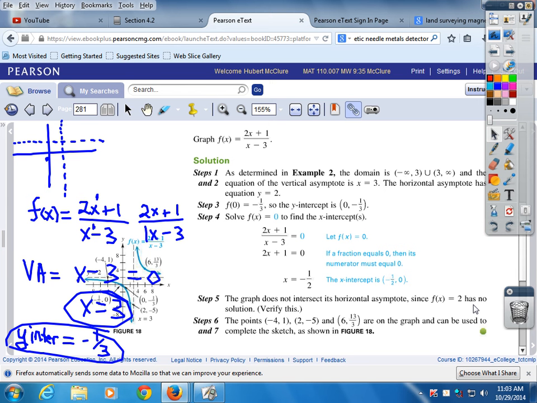Get your handy dandy calculator out. It's going to look something like this.